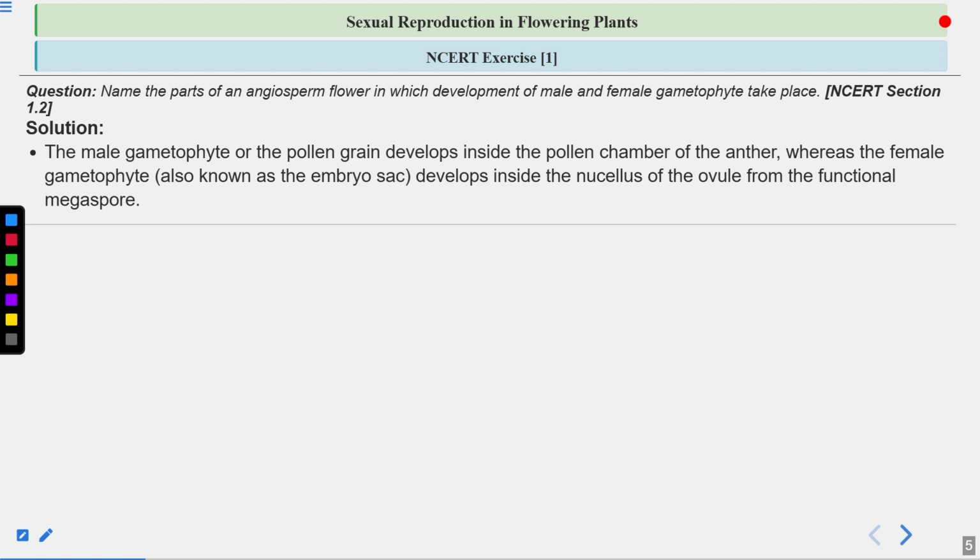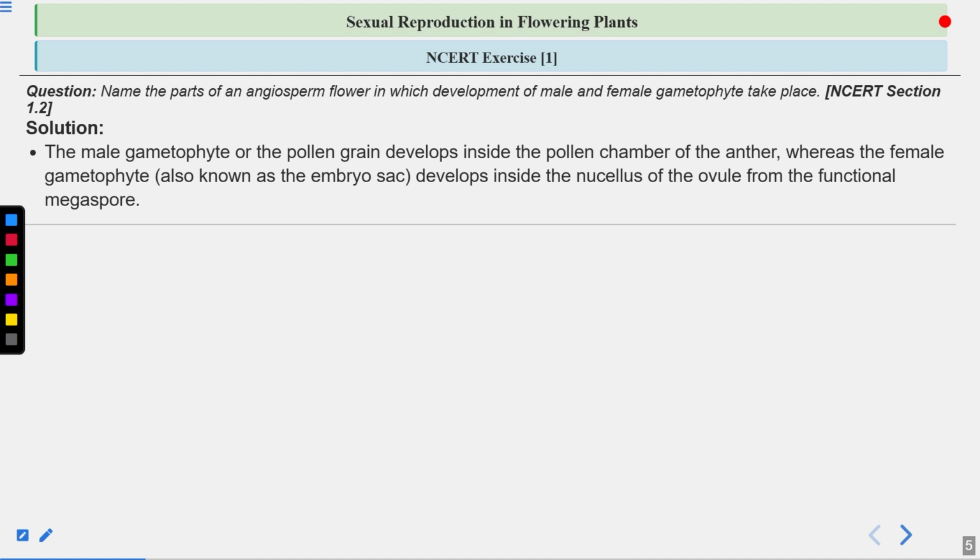Whereas the female gametophyte, what do we call the female gametophyte? Embryo sac. That develops inside the nucellus of the ovule from the functional megaspore. So this one functional megaspore forms the embryo sac.